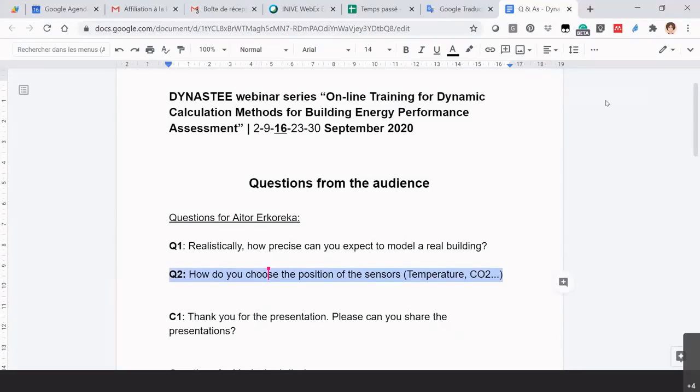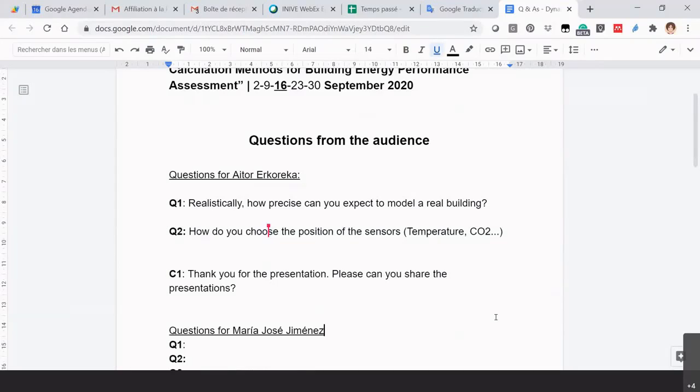When you test building components with the PASLINK methodology, they provide you some specifications to make this 3D monitoring of the indoor air volume of the test room, and that way, in the indoor air temperature, you consider the effects of the stratification and the effects of the variation of temperature within that volume of the air.